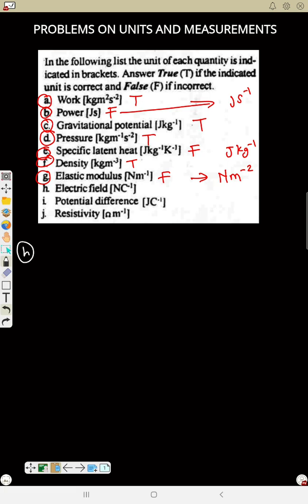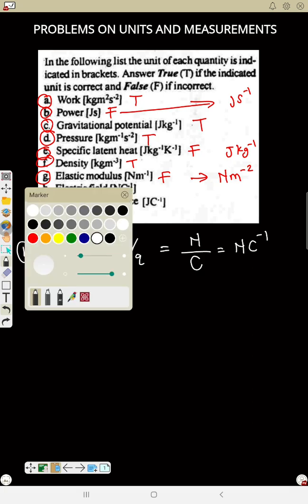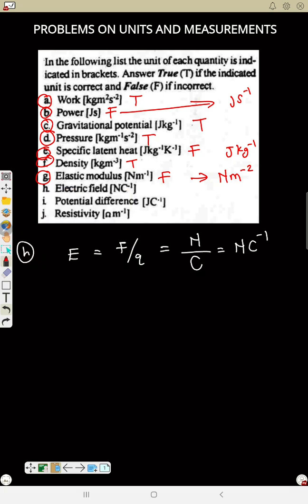So may be defined as the electric or coulomb force exerted per unit positive electric charge at that point. So in short, I can say electric field E is force over charge. Now what is force? Force is in Newton, charge is in coulomb. So if you combine, that will be Newton per coulomb. That means if you compare, the statement is true.